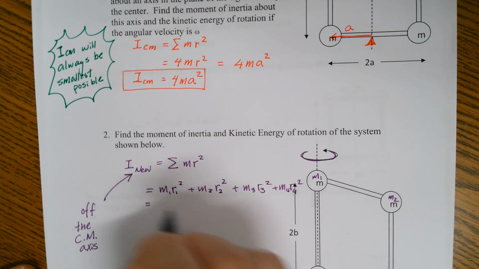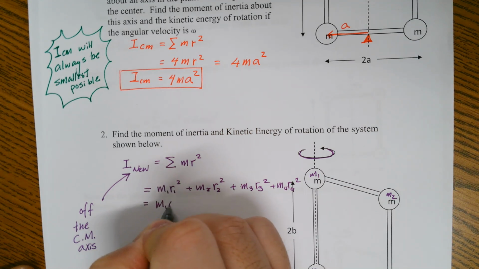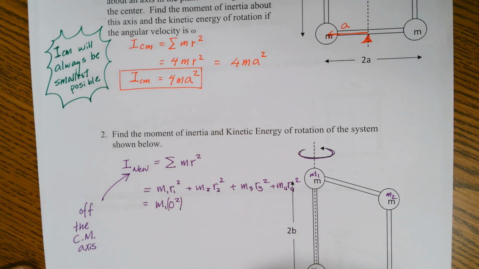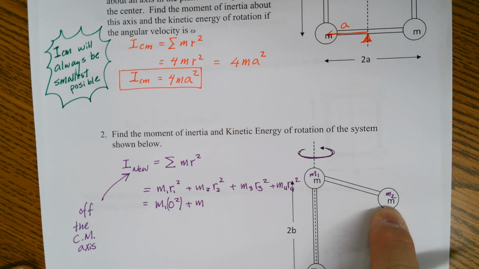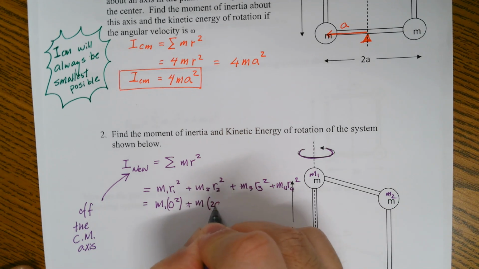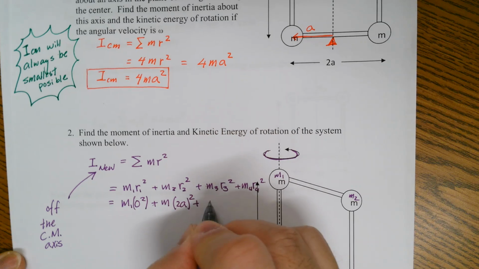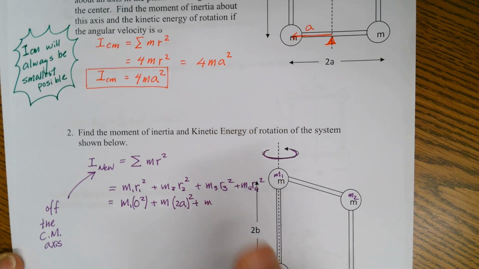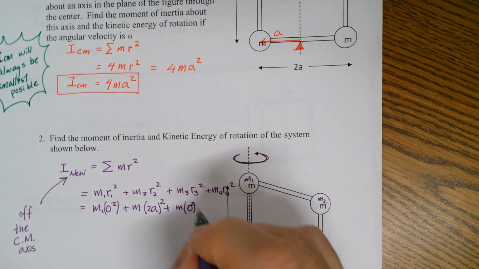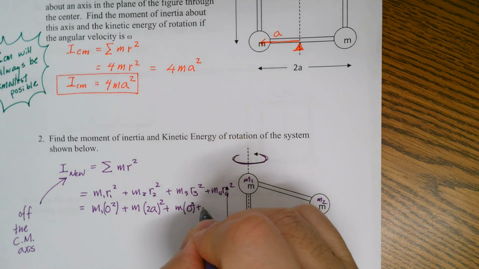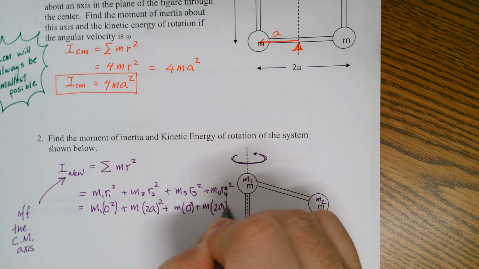Now, M1 has radius of 0 squared, plus M2 has mass m and it is 2a quantity squared, plus M3, which is m, times the radius of 0 squared, plus M4, which is m, times the radius 2a squared.